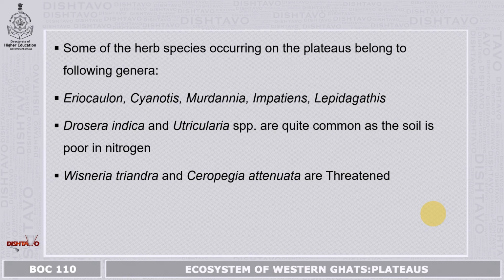Wiesneria triandra and Ceropegia attenuata, these are two threatened plants which also you will find in this lateritic plateau. Nowhere else in our Western Ghats you will find except this lateritic plateau. So these two plants are critically endangered, but they still occur in our plateaus.